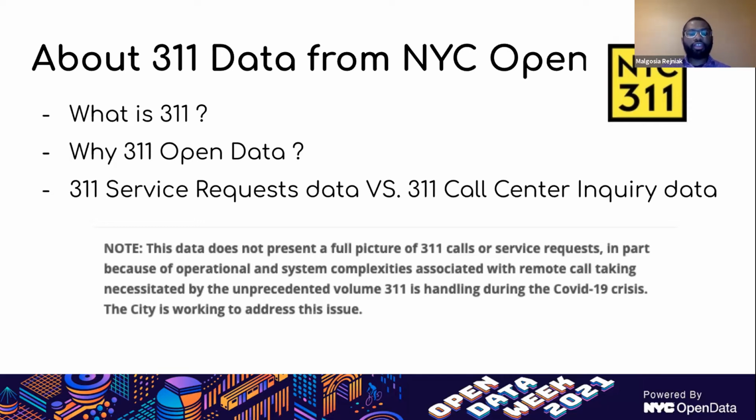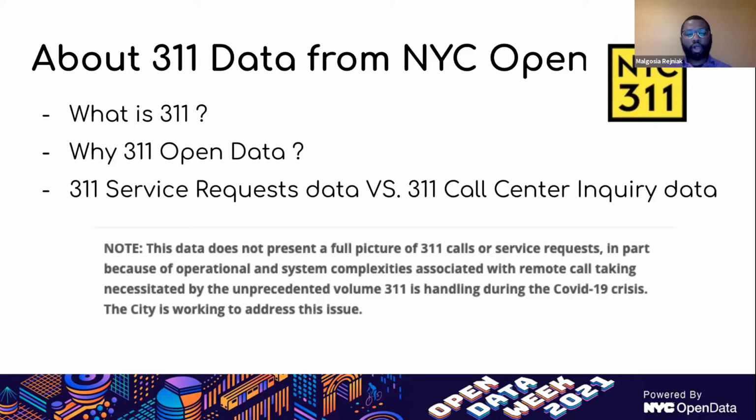There were two 311 data sets that we looked at: the 311 call center data, and the 311 service request data. Both were similar in some ways, in that they were New Yorkers raising an issue or needing some kind of resource or service.